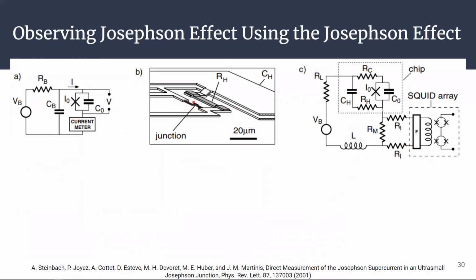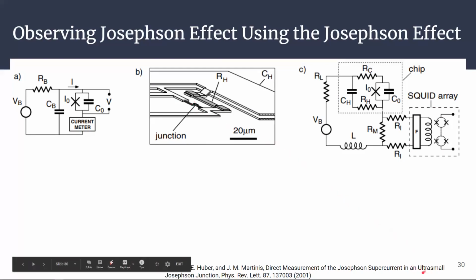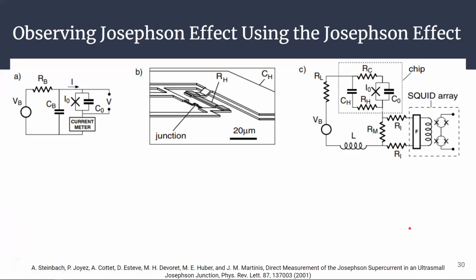And it's such a junction that in their article they called an ultra small Josephson junction. This smallness comes from the capacitance of this junction being comparable to the Josephson energy of the junction. So the energy from the intrinsic capacitance is comparable to the Josephson energy.